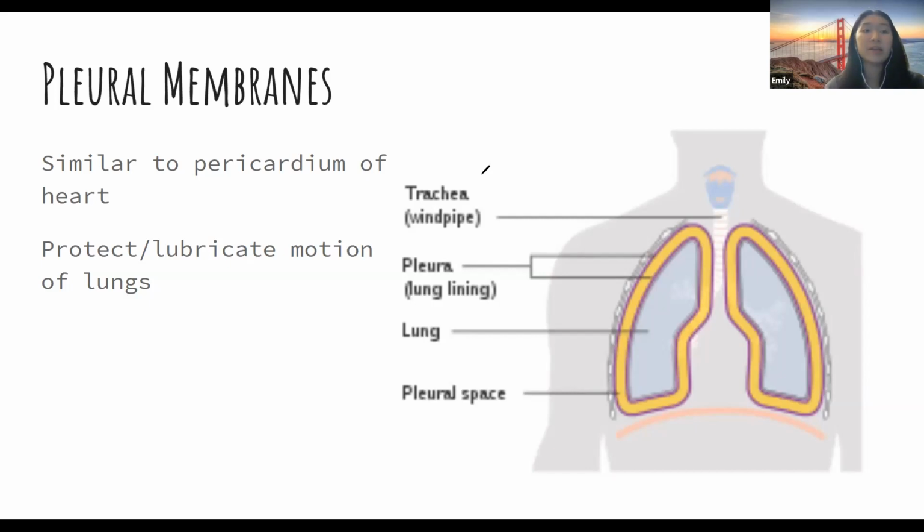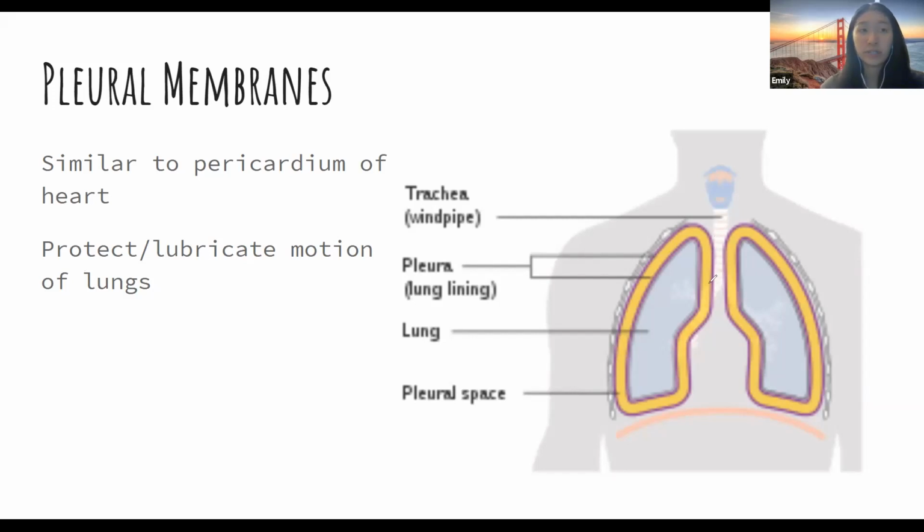Because remember, the heart is constantly beating, squeezing, moving a lot. So it's going to need some of that protection. And likewise, the lungs move around a lot as well.